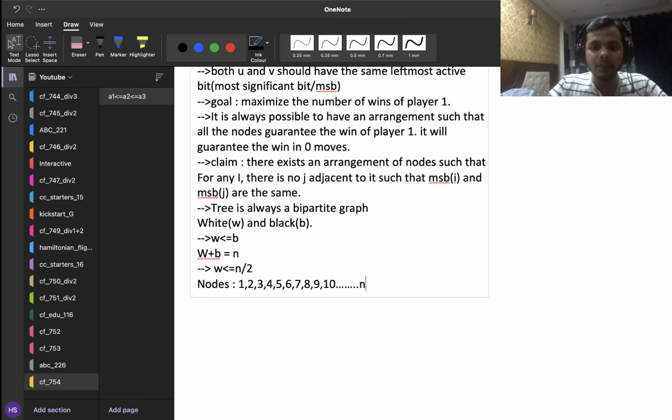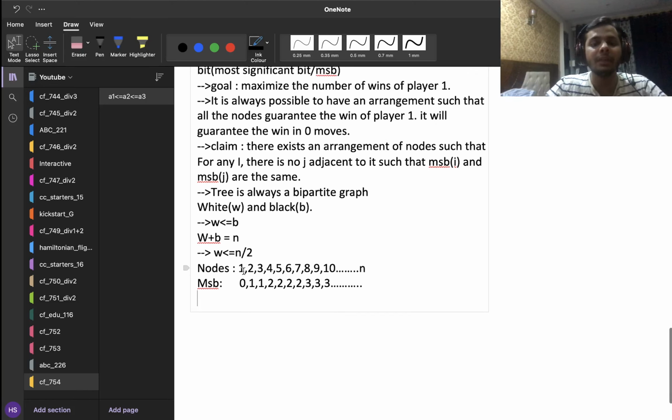Okay, and since we are talking about the MSBs, it makes sense to write down the MSBs. I know that for 1 the MSB is 0, for 2 it is 1, for 3 it is 1, for 4, 5, 6, 7 it is 2, and then it is 3 for the remaining elements, and so on and so forth, right? So what you notice is that the number of nodes which have MSB equal to 0 is 1, the number of nodes which have MSB equal to 1 is 2, that is 2 and 3, and the number of nodes which have MSB equal to 2 is 4, which is 4, 5, 6, 7, and so on and so forth.